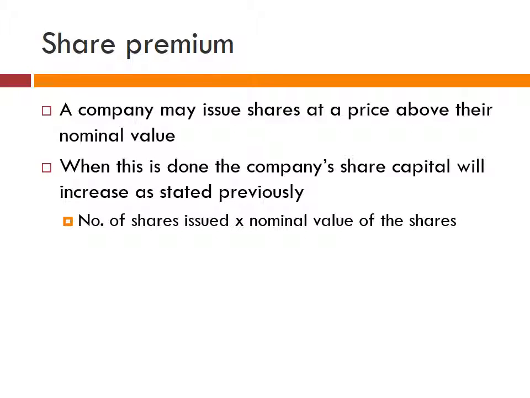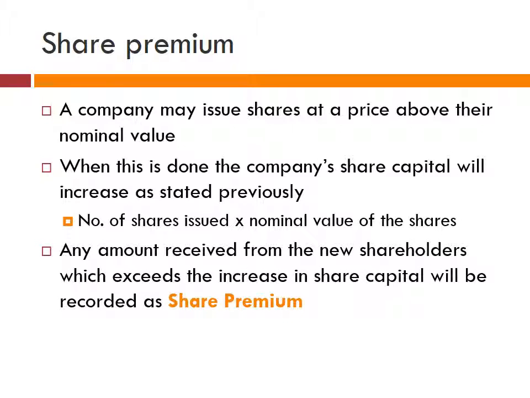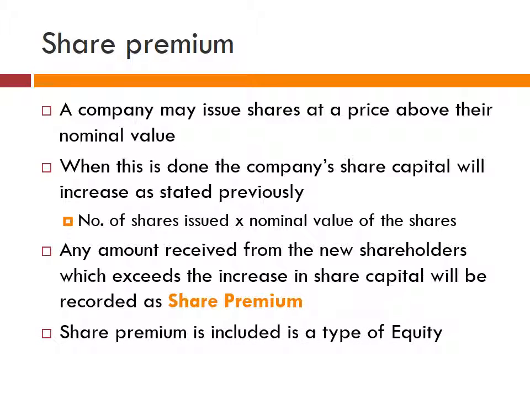So we would calculate the number of shares issued and multiply that by the nominal value of those shares. But if we've issued those shares at a price higher than the nominal value, the additional money over and above that has to go somewhere, and it's actually recorded as a share premium account, and that share premium account is included in the company's equity.